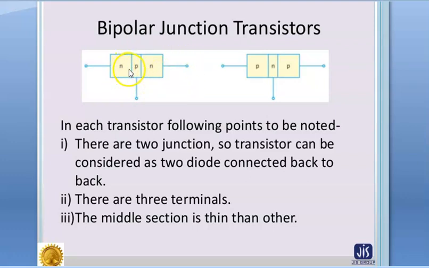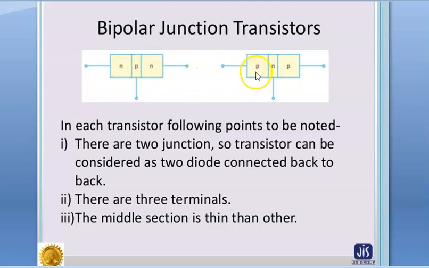That is, two PN junction diodes are connected keeping a common semiconductor in the middle, that is NP and PN. The P section is common and connected together, therefore an NPN transistor is formed.